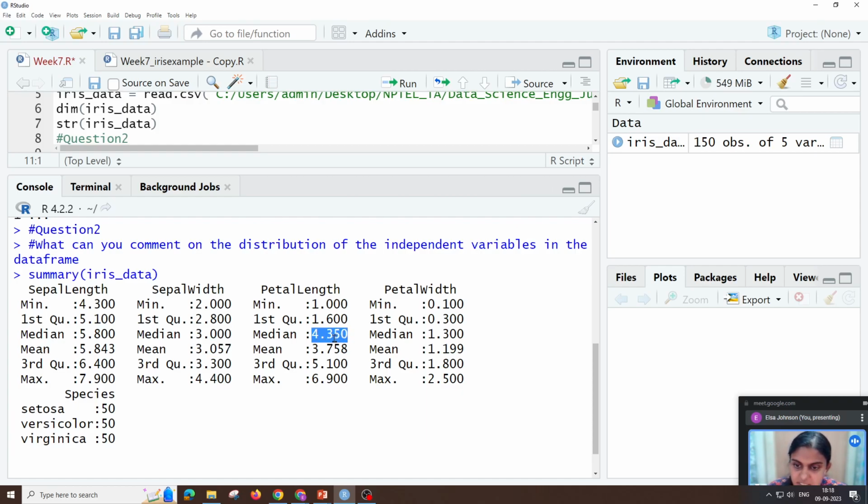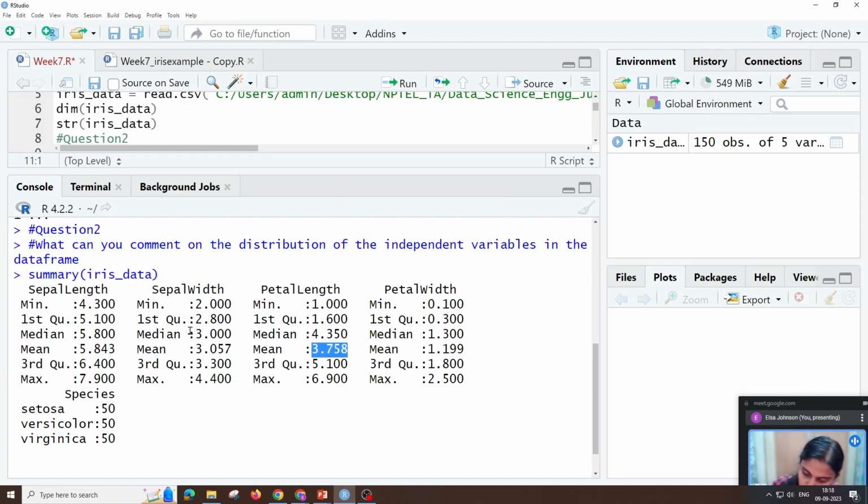Petal length median is 4.350 and mean is 3.758, and for petal width it's like this, and species, anyway it's a category. So this is one way, you can directly say that these two are normally distributed.